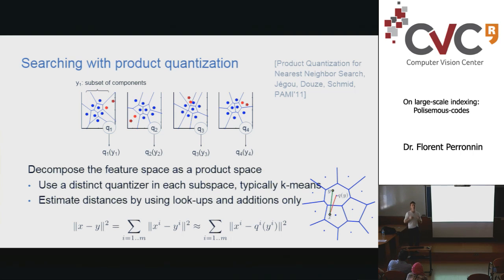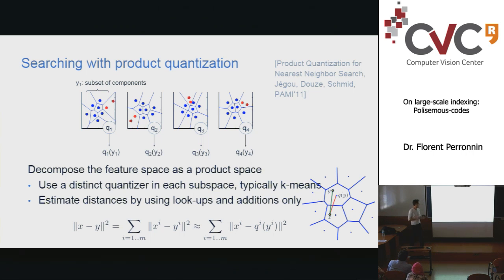Let's say your vector is 128 dimensions. So you cut it, for instance, into 16 vectors of 8 dimensions. And for each of the 8-dimensional subvectors, you do some k-means quantization. And you quantize your subvector with the quantization index of the closest centroid.